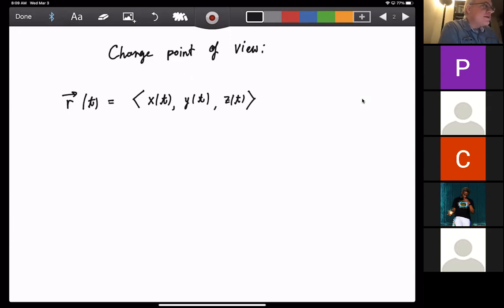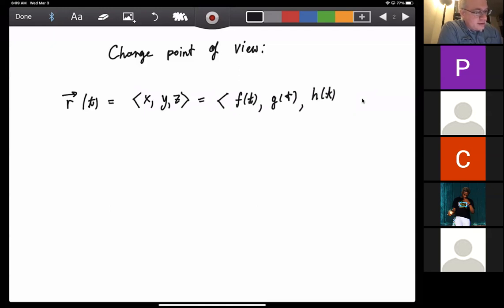So x is given by some function of t. Right, so remember when you're talking about vector equality, that means component by component equality. You could write this in terms of our unit vectors, coordinate vectors.